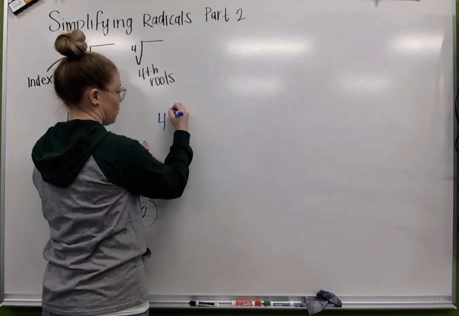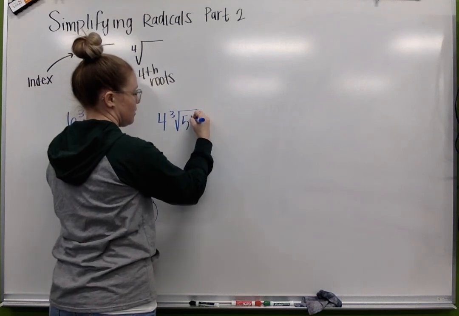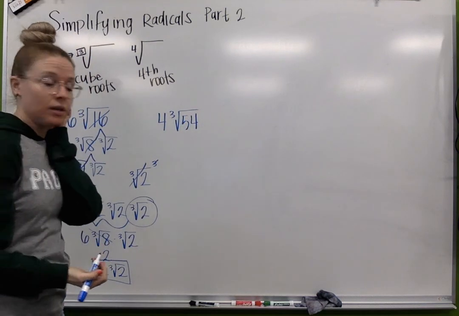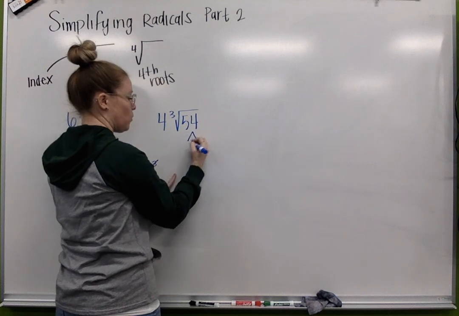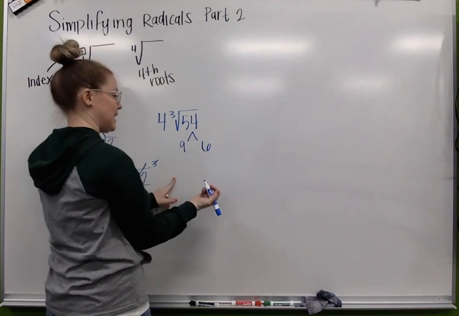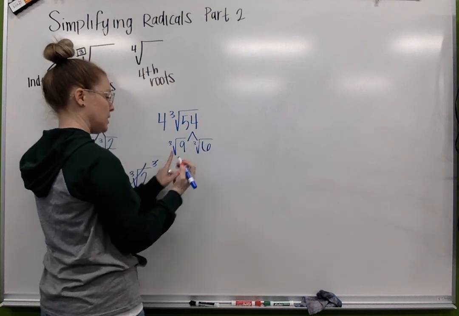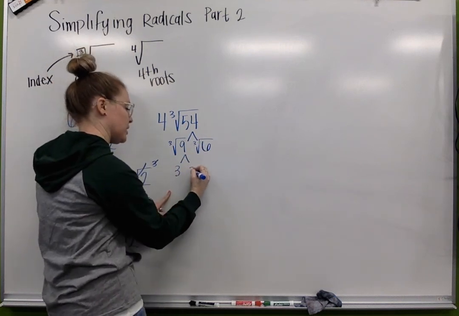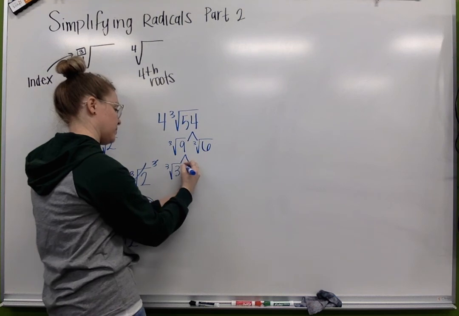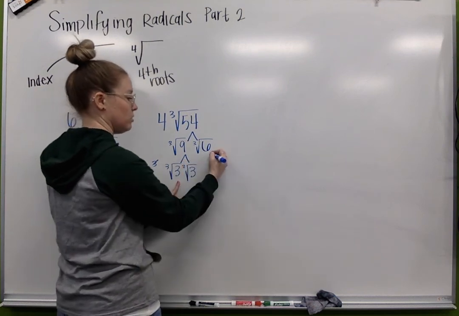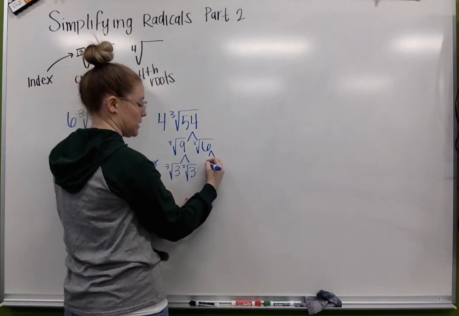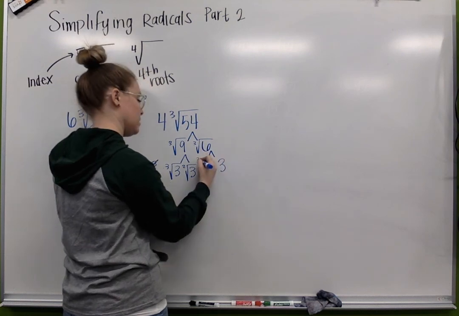So this one is 4 cube root 54. My factors of 54, I'm going to do 9 and 6, and I cube root both. 9 is going to give me 3 and 3. Again, cube root both. 6 is going to give me 2 and 3.